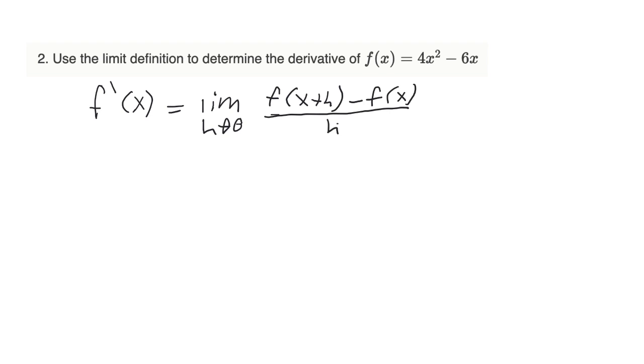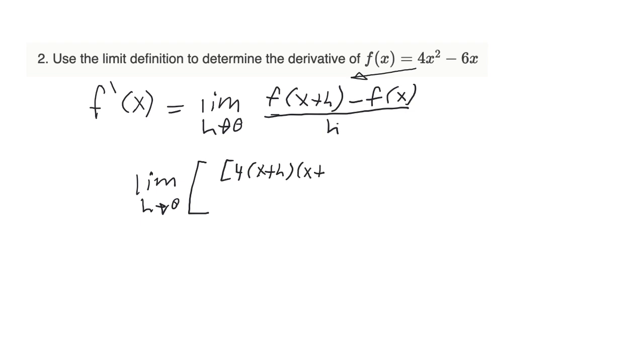So basically, this is one of the nicer things about calculus. All you have to do in this case is just plug in those values, right? So we can rewrite this limit as the limit as h approaches 0 of, let's see, I'm using square brackets here, 4 times x plus h times x plus h.